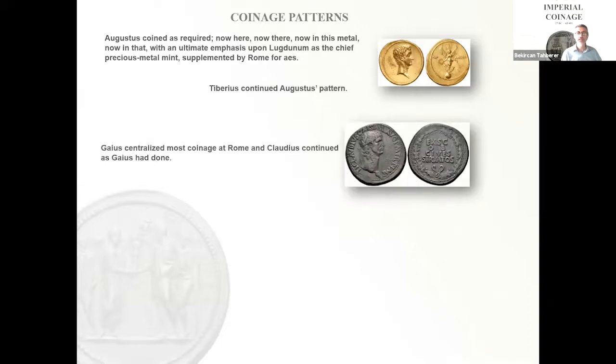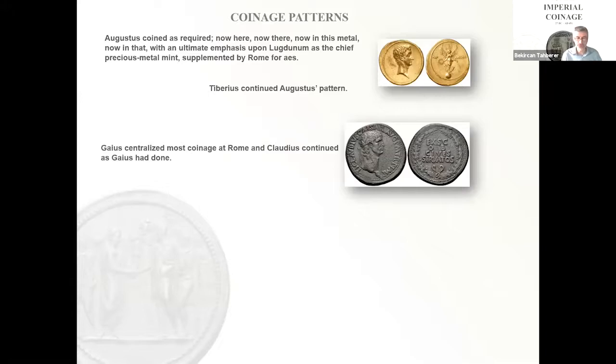Gaius Caligula, for whatever reason, not being extremely smart, but he didn't care about the Senate and other things. He simply brought the coinage back to Rome. And Claudius, since he did it, why shouldn't I do it?